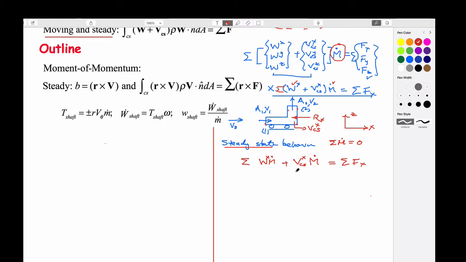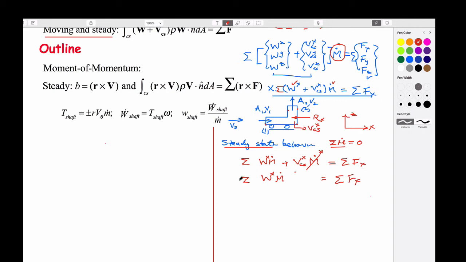And so this term here has to equal 0, because of this. And so if that's the case, then the expression is just the relative normal to the boundary velocities of the water times the mass flow rate is equal to the sum of the forces in x.